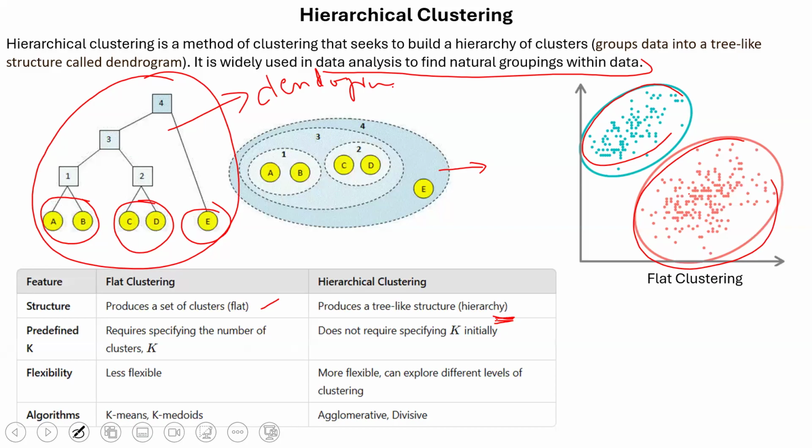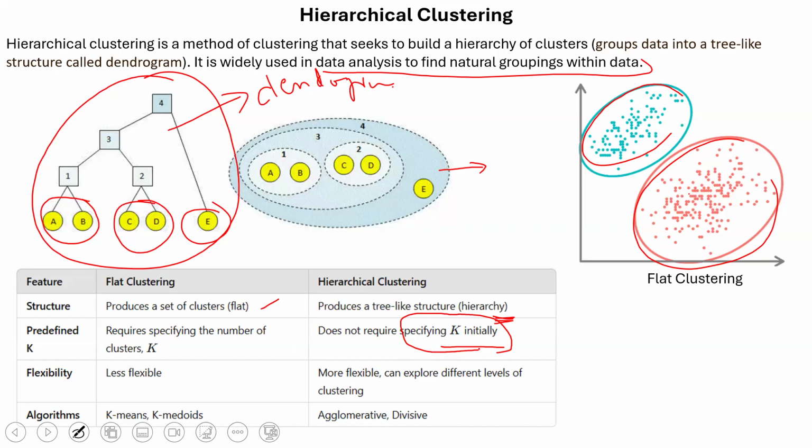For flat clustering, we have to specify the value of k, whereas hierarchical clustering doesn't require specifying k initially. Why we don't have to specify the value of k initially is something that we will learn shortly.